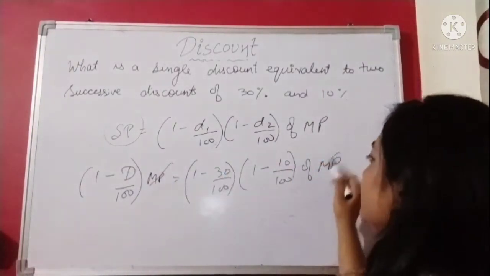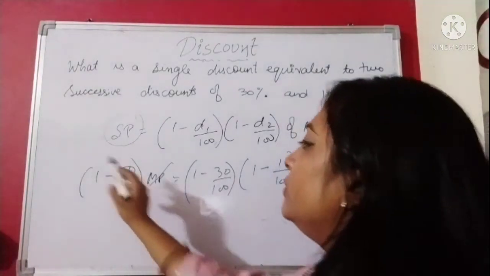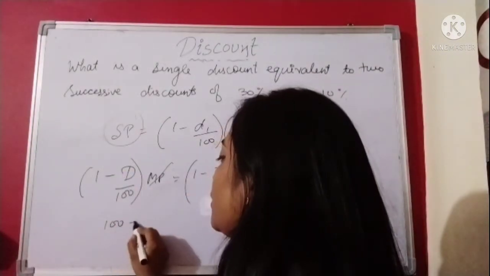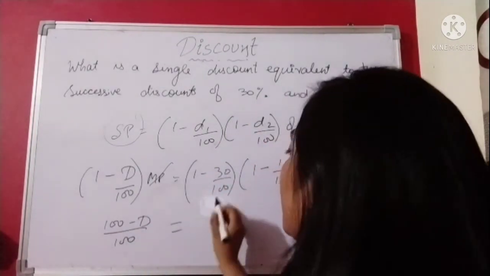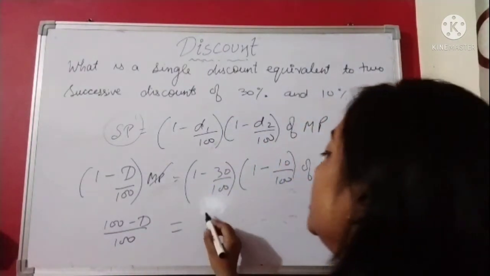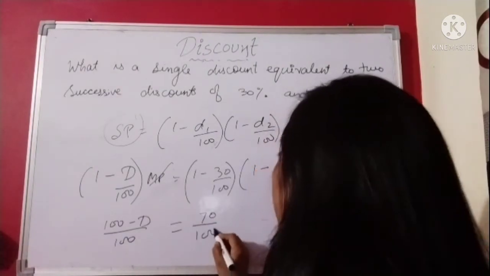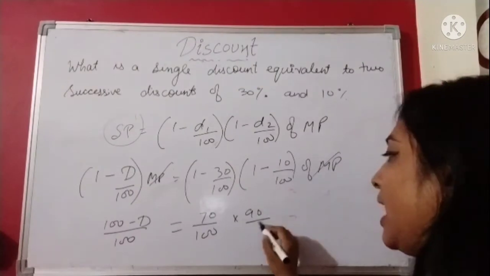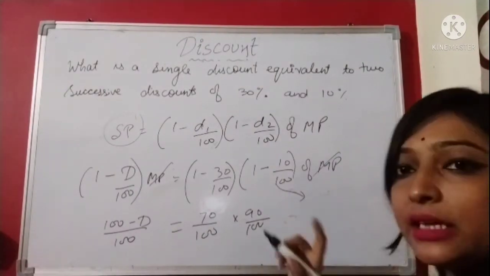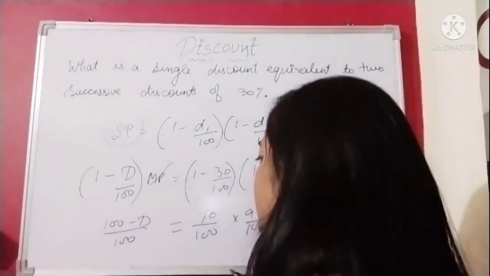Now this MP and this MP will get cancelled. We will take the LCM over here. So 100 minus D upon 100 is equal to 100 minus 30 will be 70 upon 100, 100 minus 10 will be 90 upon 100. I hope you know what I have done. I have taken the LCM over here, got this answer, right?